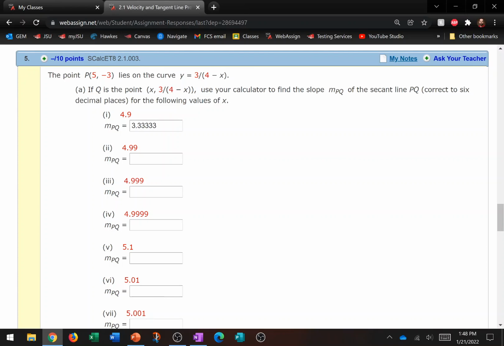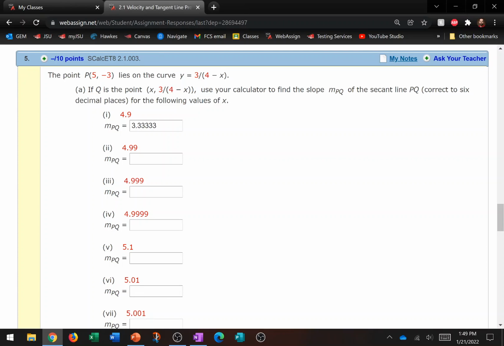So this one's giving us one of the points on the curve. It's giving us P's 5, -3. Then it tells us the other point Q we want to use. We use the numbers it's given us for the x value each time, and then our y value we plug into the function, so it'll be 3/4 minus the x value.